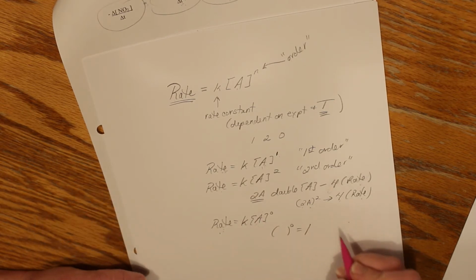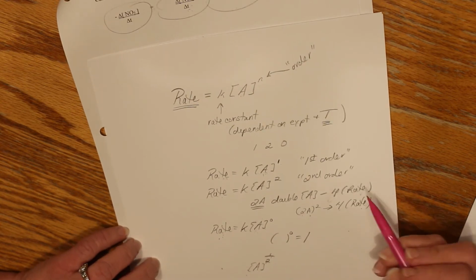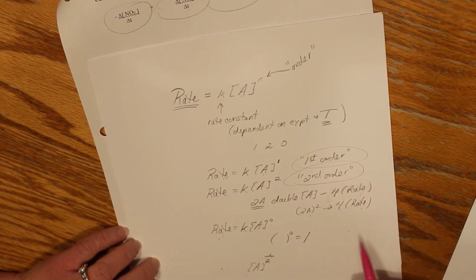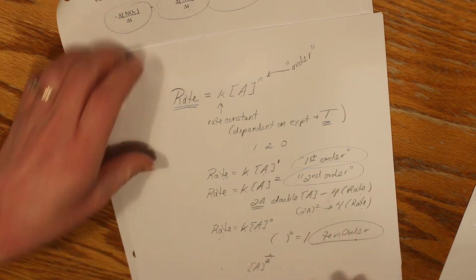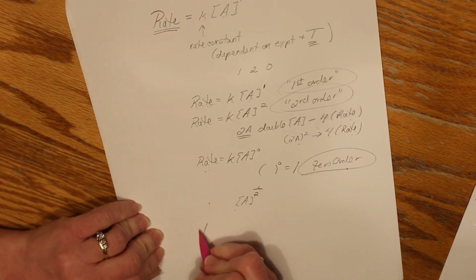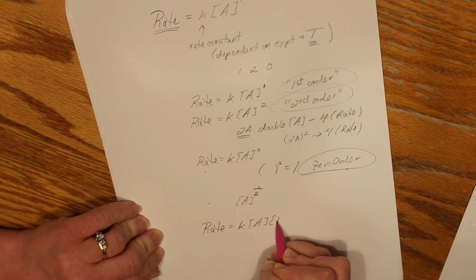We can have also fractional, and so usually what we'll see is maybe half orders. And so that would be, whatever we do to A, take the square root of it, and that's the impact on the rate. But most often we have first, second, and then zero order reactants. You can, of course, have reactions that have multiple reactants, and they each can have different orders.